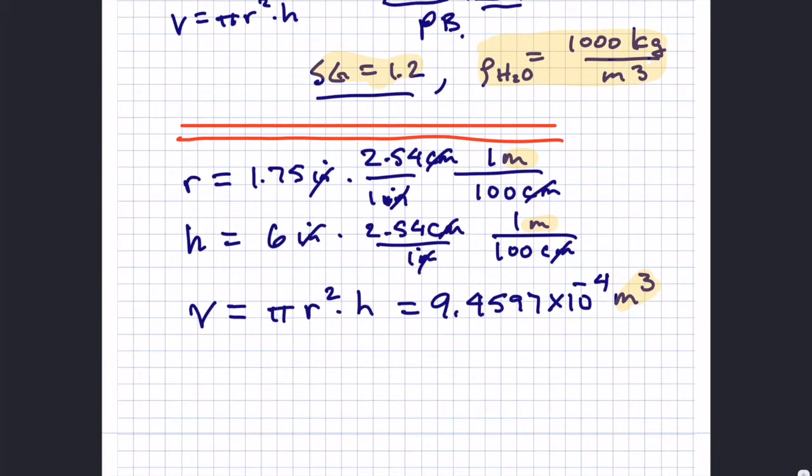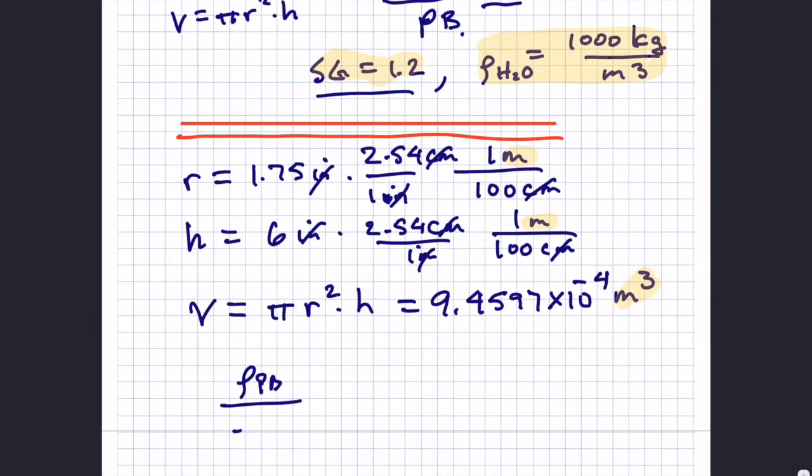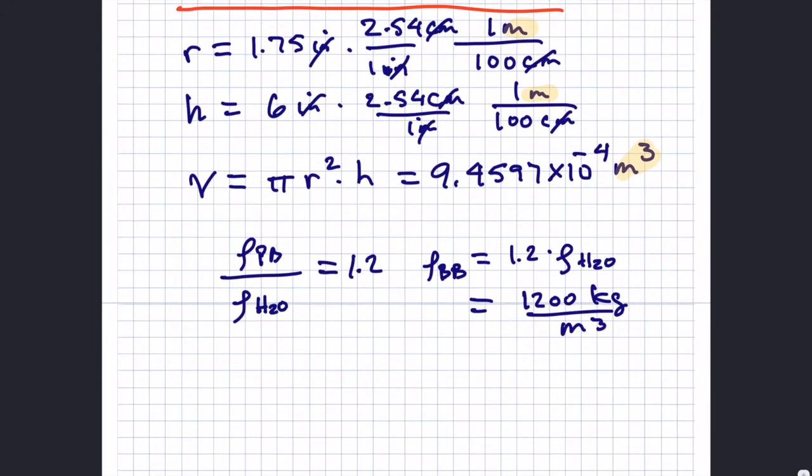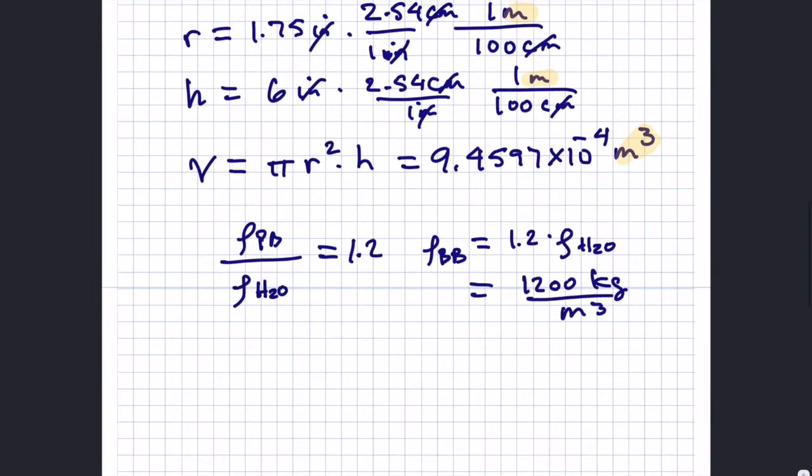Specific gravity is the ratio of the density of peanut butter to the density of water, and we know that's 1.2. That would mean the density of peanut butter is 1.2 times the density of water. So that would be 1,200 kilograms per cubic meter. So we know that number as well.